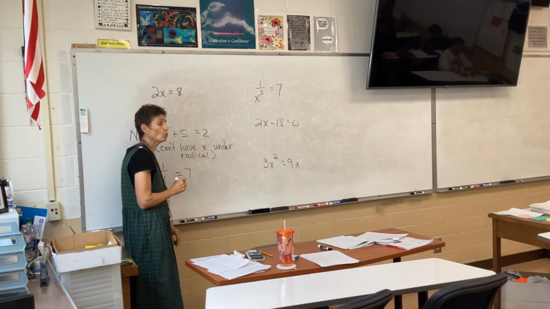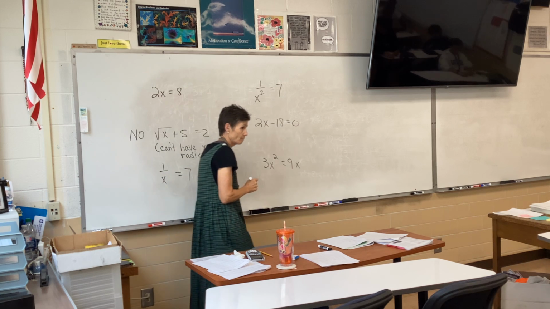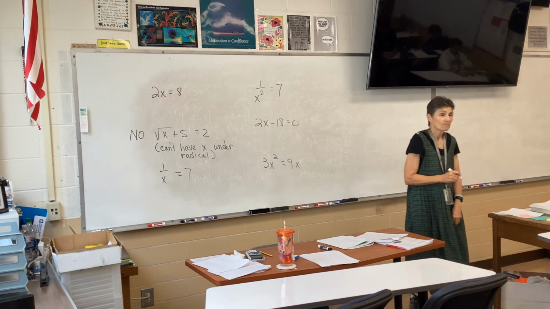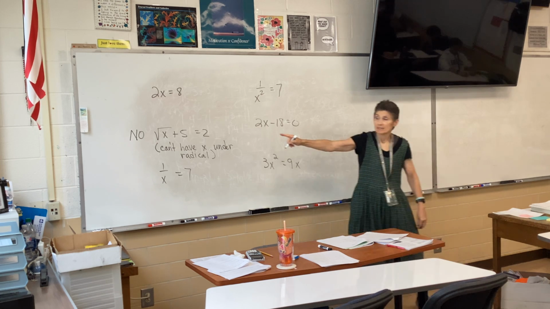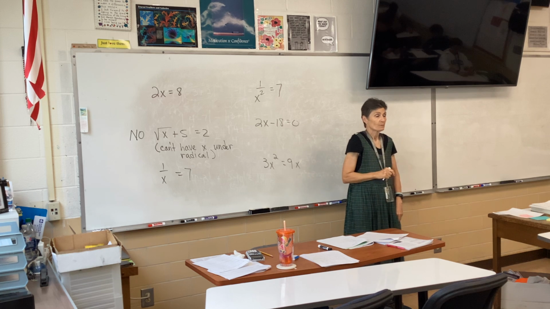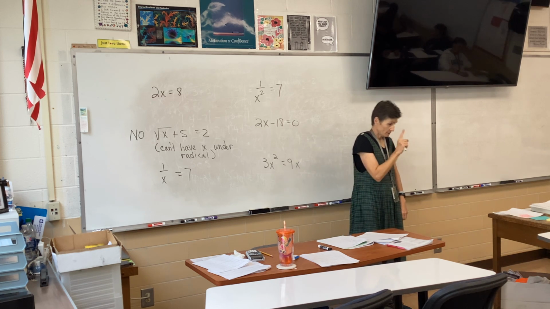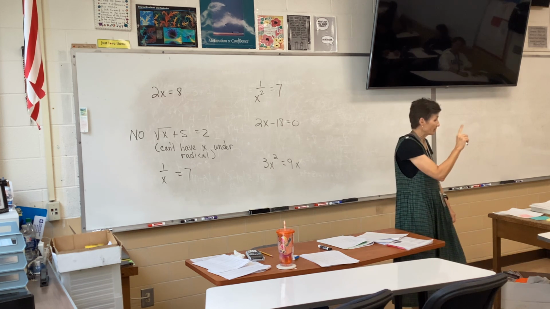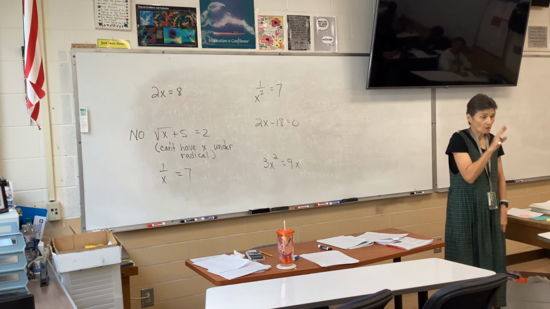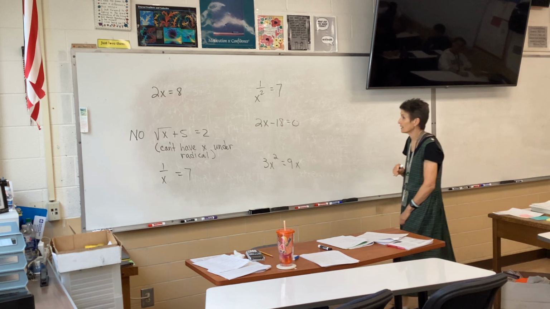If you are going to be linear, you will not have an x under the radical. If you graphed that, it would not be a line, it would be like an arc. Okay? Linear means you graph as a line. It'll never happen if x is under a radical. So that's our first rule, x can't be under a radical.